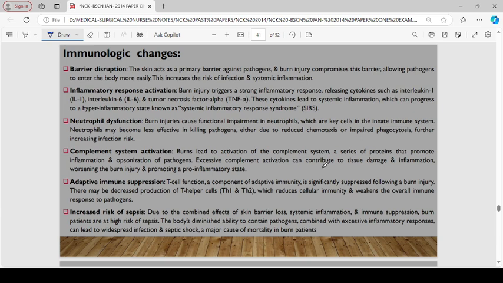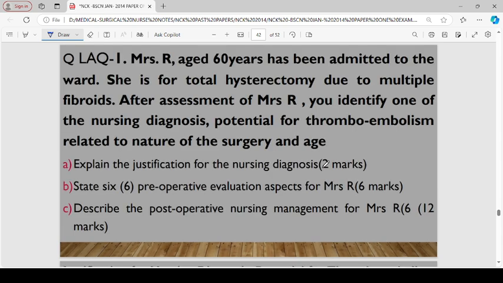And due to the combined effects of skin barrier loss, systemic inflammation, and immune suppression, burn patients are at high risk of sepsis. So the body's diminished ability to contain pathogens, combined with excessive inflammatory responses, can lead to widespread infections and septic shock, which is a major cause of mortality in burn patients.